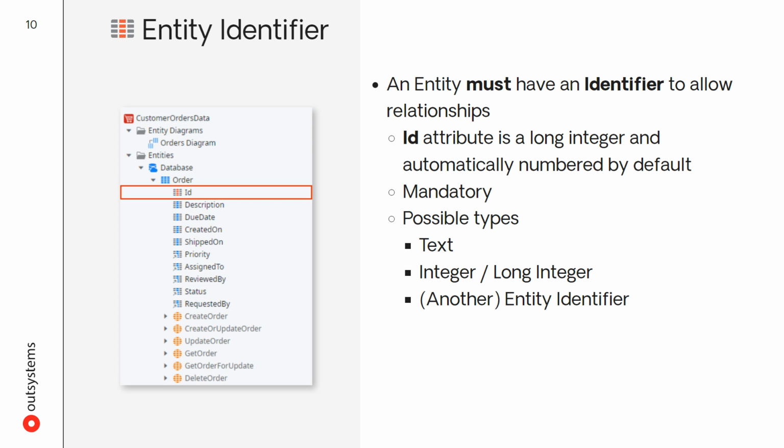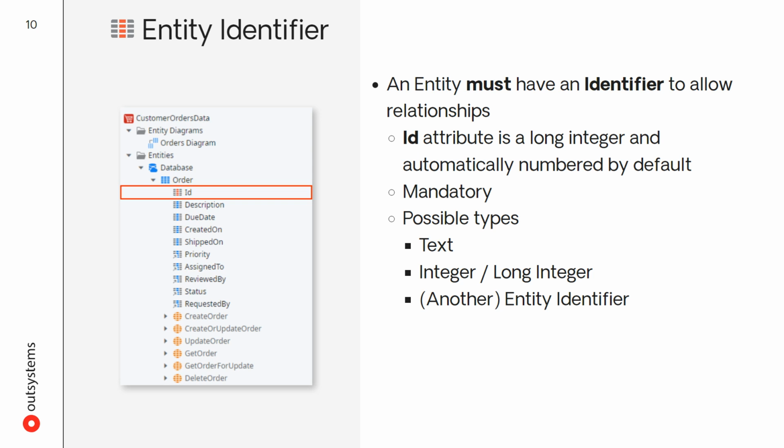All these properties can be changed, including the mandatory property and the data type, which can be text, an integer, or even another entity identifier. It is important to know that changing the type of the entity identifier may require the ID value to be explicitly set, since the auto-number property may no longer apply.